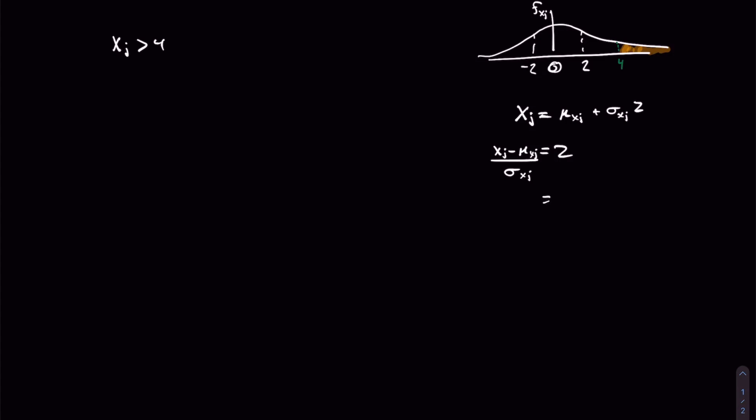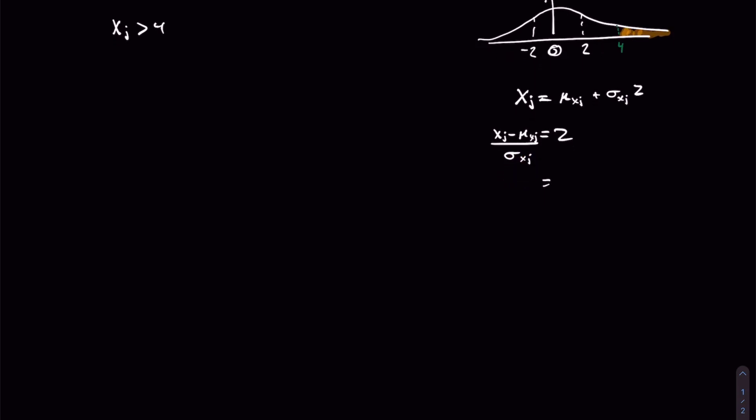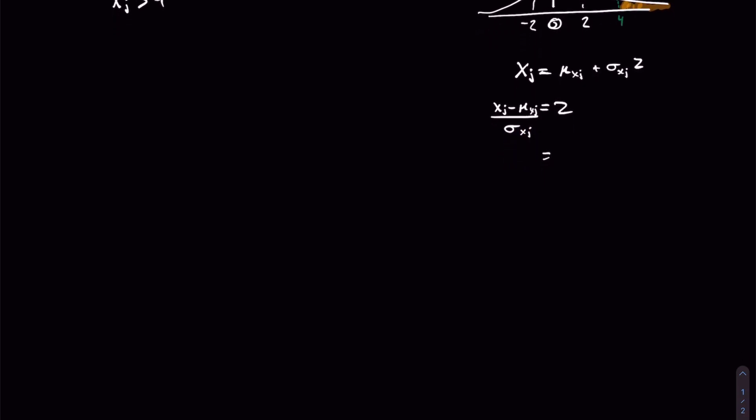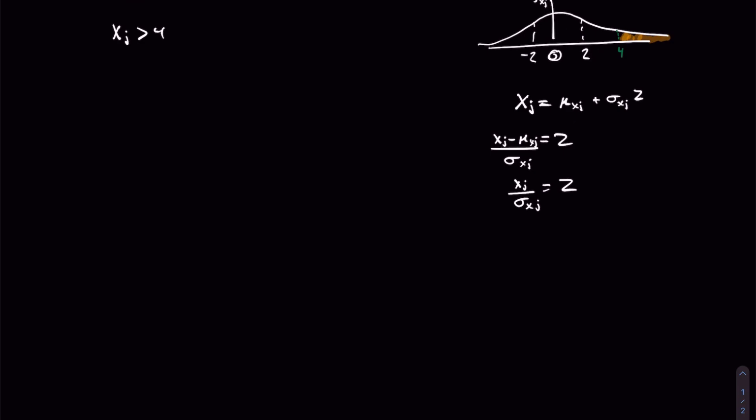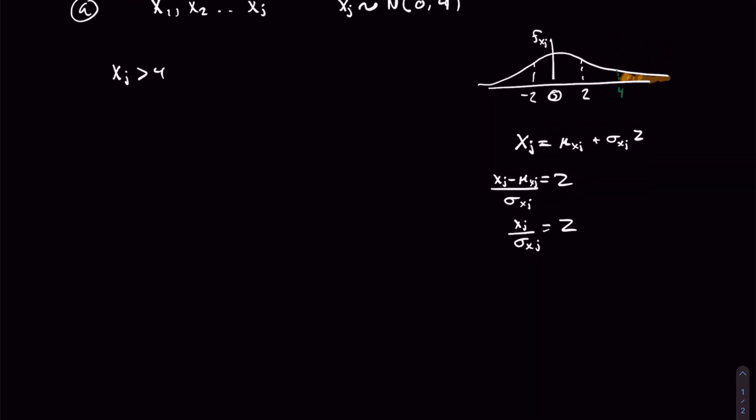All right, but we know that the mean is 0, and we also know that the standard deviation is 2. So hence we have the following relationship between any xj, and you might want to call this zj to be consistent.